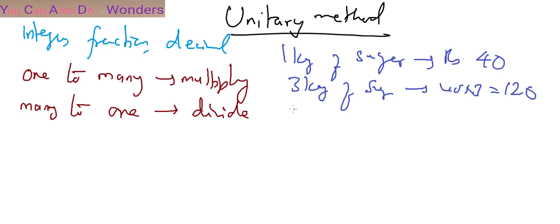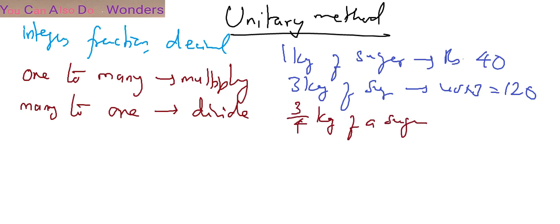But 1 kg of sugar is 40 rupees. What's the cost of 3/4 kg of sugar? So here it's not 1 to many, it's less than 1, isn't it? 3/4 kg is less than 1 kg.